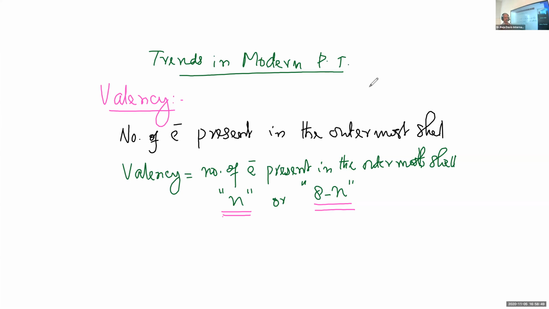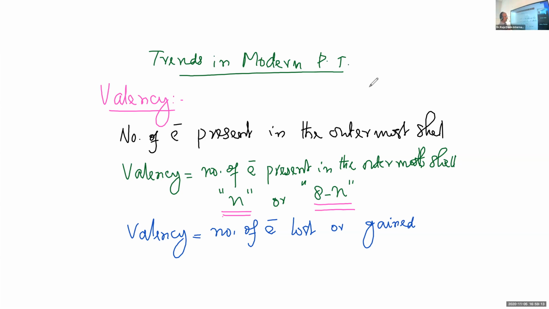So we can define valency as the number of electrons lost during a chemical change, or the number of electrons gained by a non-metal, or the number of electrons shared between the atoms. That is taken as the valency number.